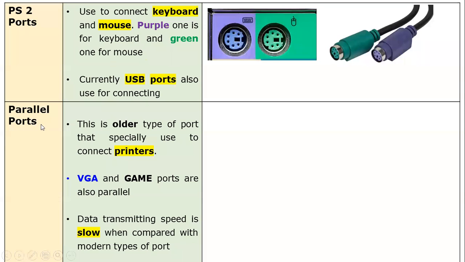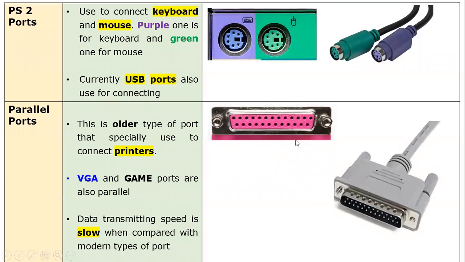Then the parallel port that I showed earlier. I think you can remember this parallel port. Only circles are available in the parallel port. I showed you a pink one, a dark blue one and a yellow one. All of these are examples of parallel ports. Look at that again. This pink color port is allocated for connecting printers, all types of printers.